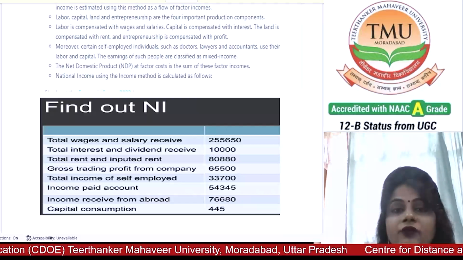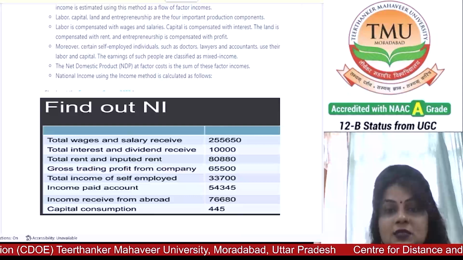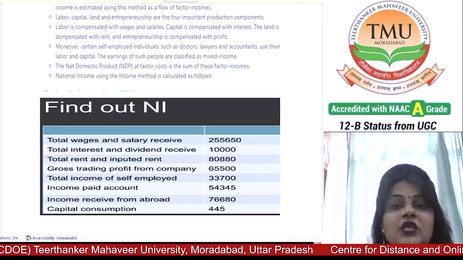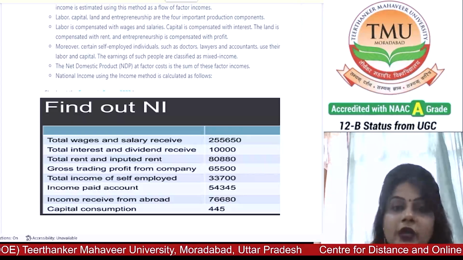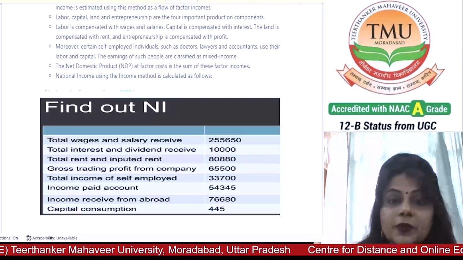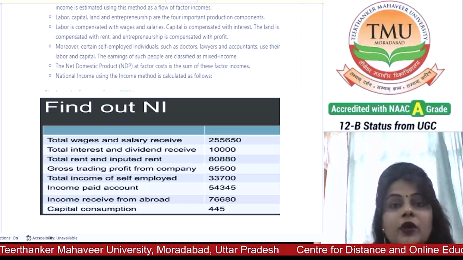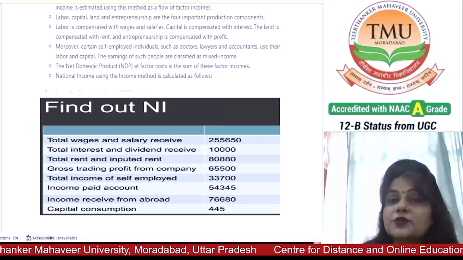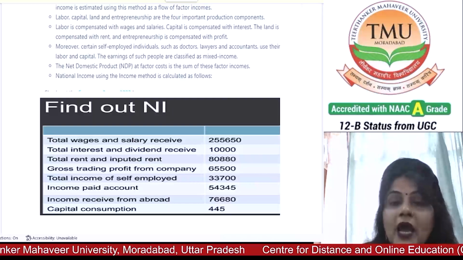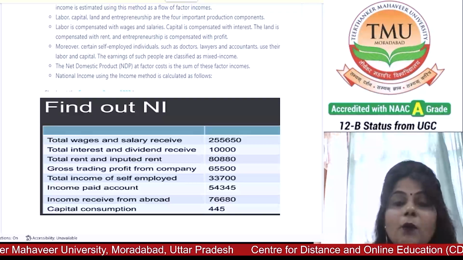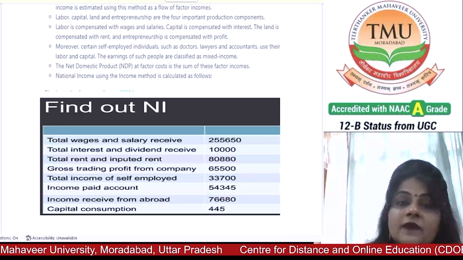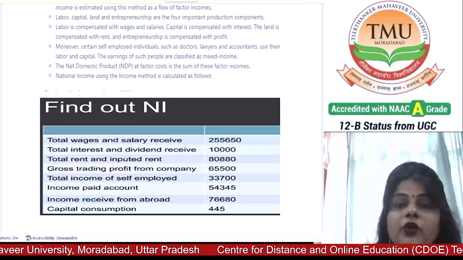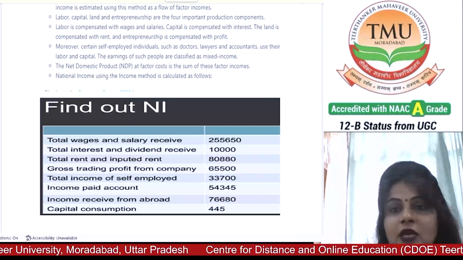However, any kind of commissions or proceeds received by agents on the sale of these goods will be included, as it is an income received for rendering productive services. Just like income from the sale of securities will not be included, as income from the sale of bonds, shares, and debentures will not be calculated, as these transactions do not contribute to the current flow of goods and services.